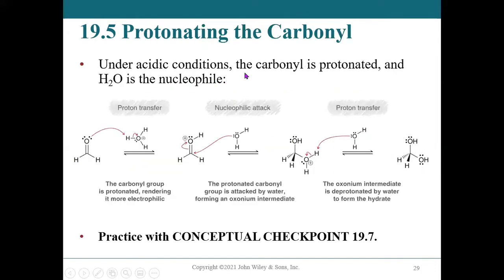Under acidic conditions, the carbonyl is protonated, and H2O is the nucleophile. Once the carbonyl gets protonated, it becomes a very good electrophile, so water can attack. Then deprotonation of this oxonium intermediate produces this hydrate.